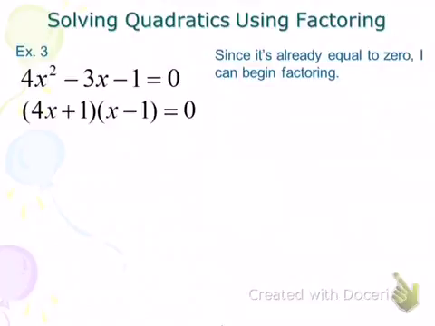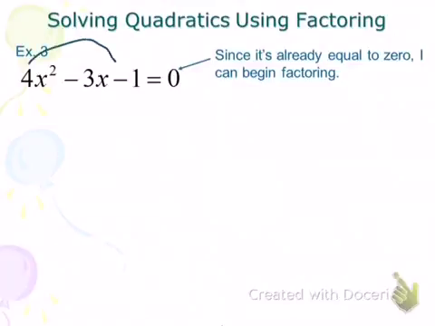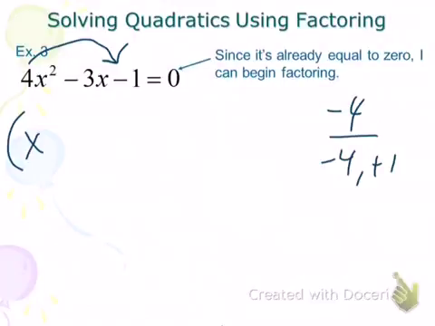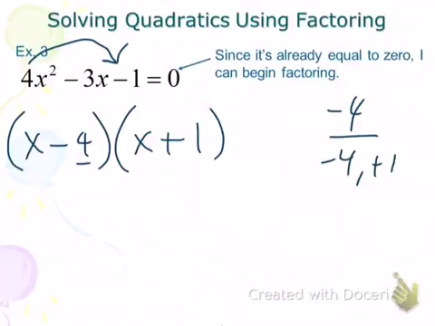4x squared minus 3x minus 1. If we're just using circle, slide, divide, I want to show you what I mean by the risk goes away. If we were to multiply by 4 here, that gives us -4, right? The factors of -4: -4 and +1. So that would be x minus 4, x plus 1. And you have to divide by 4, right?